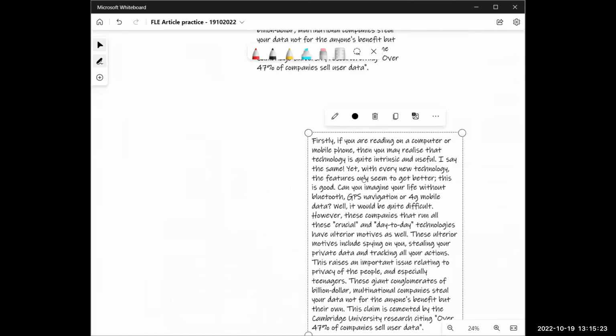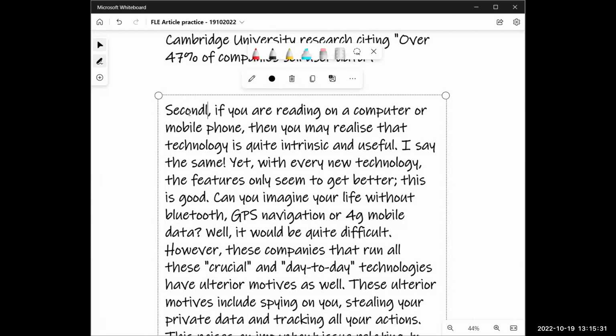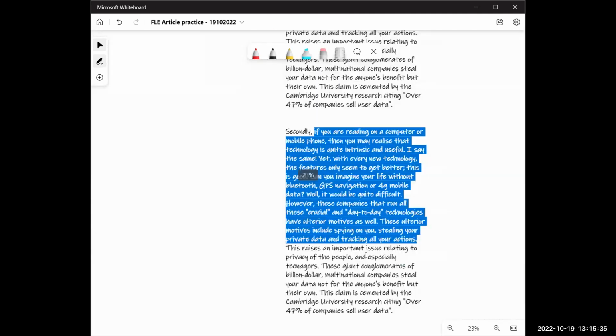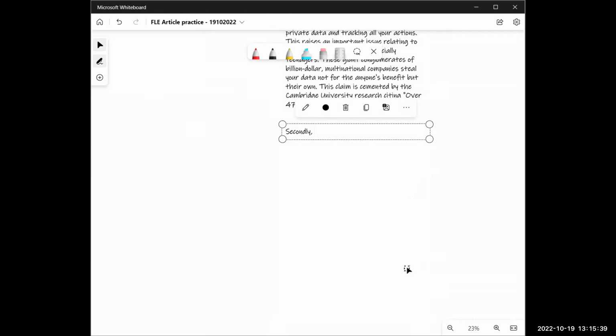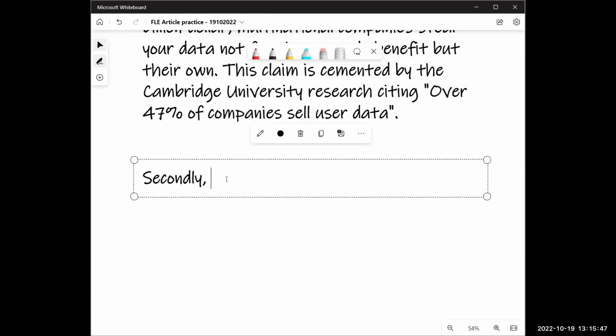We'll say, secondly, it is important to address, let's say, the countermeasures or the proper etiquettes of dealing with new technology.